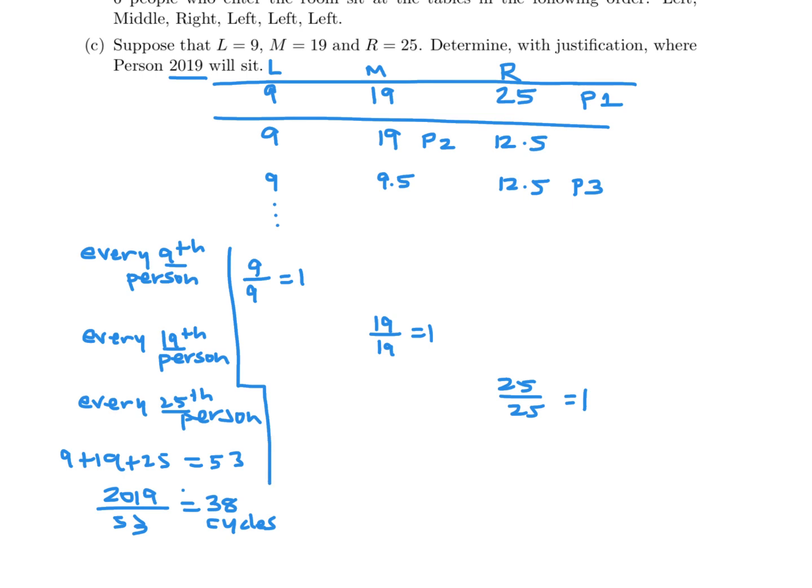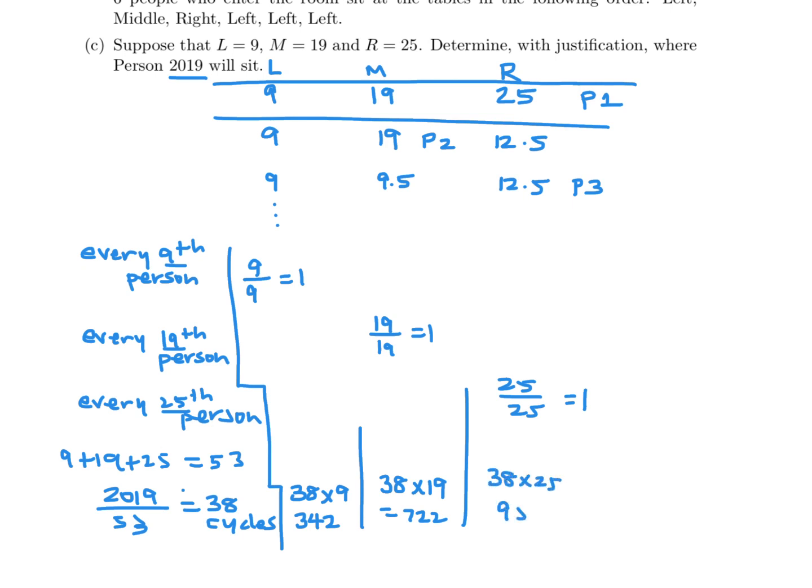So we have 38 cycles times 9, which is 342. And then in this one we'll have 38 times 19, which is 722. And then in this column it would be 38 times 25, which is 950.